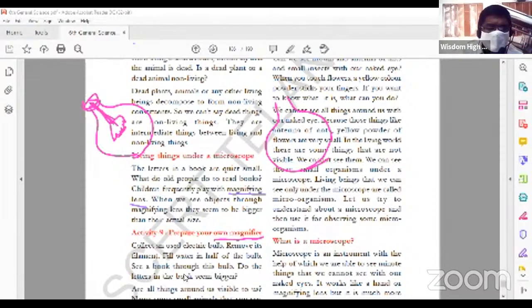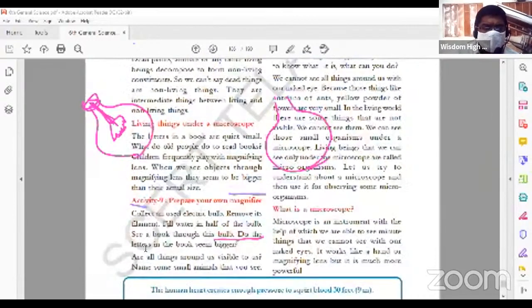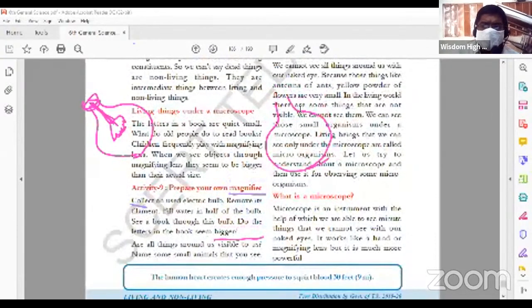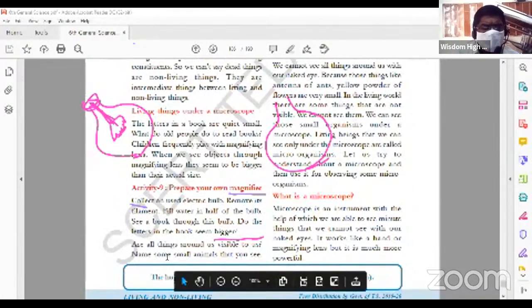By this we can observe that they appear very big.